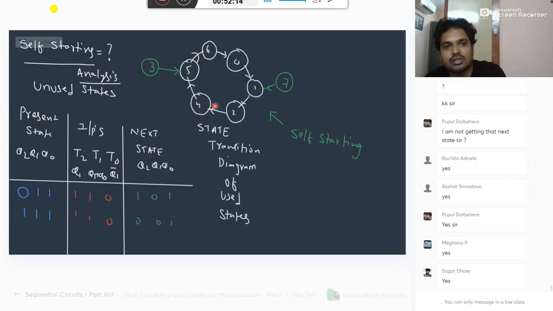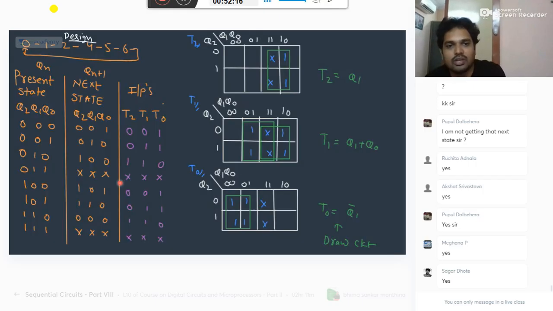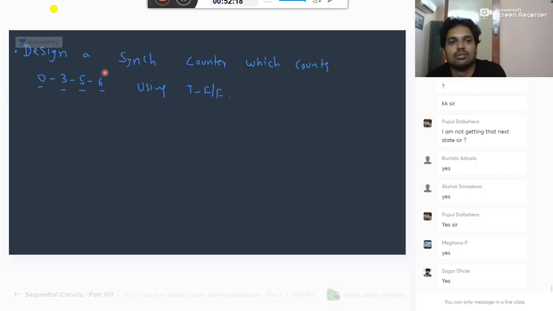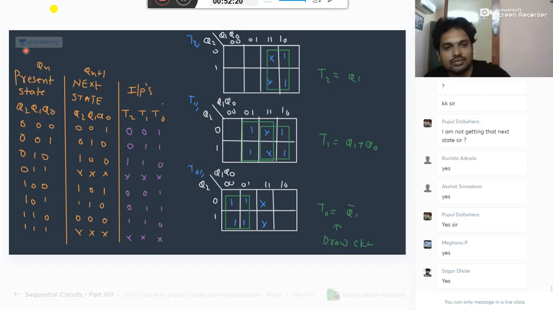The previous one is as it is. I made a small copy here. 0, 3, 5, 6 and 0. This is the design you need to make. Here small differences are there. What are the differences? Let's make it accordingly. So 0 is there. These next states are not the same.